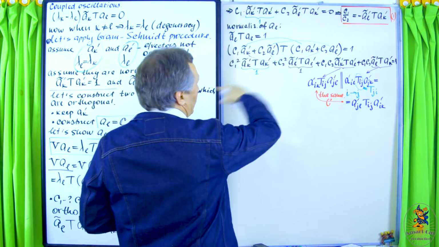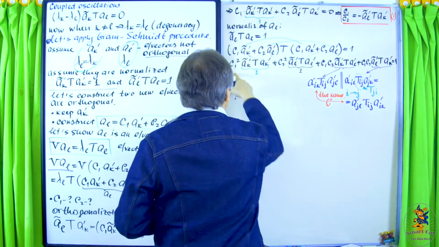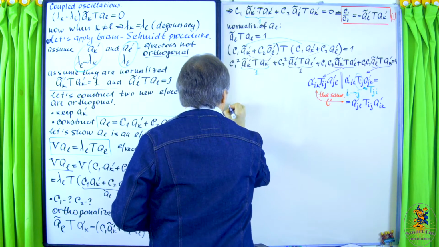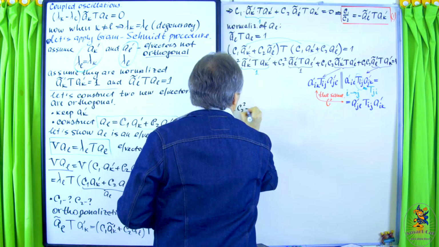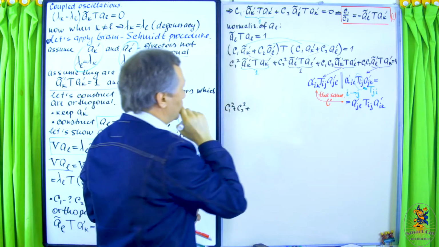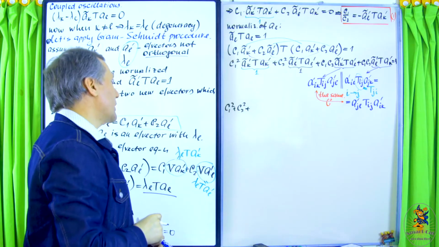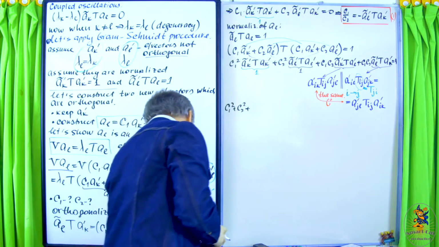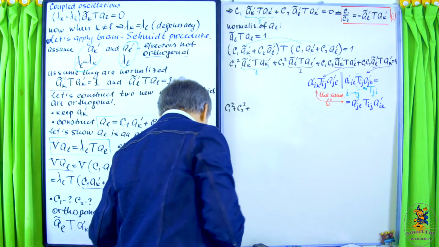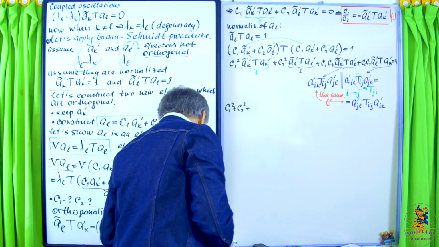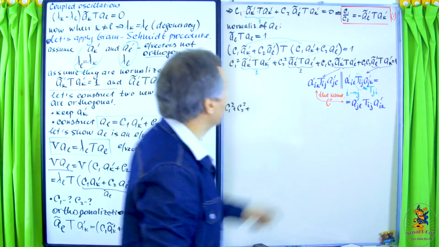Okay, so now after this I have to rewrite, so this will be just C1 squared plus C2 squared, and plus, which one I used? Let me look at my notes, which term I actually decided to keep. This one, the last one.